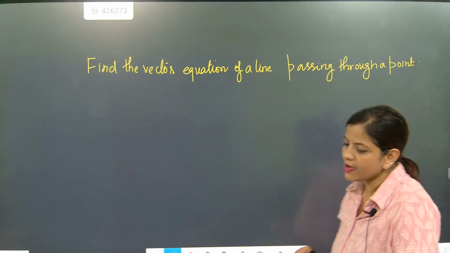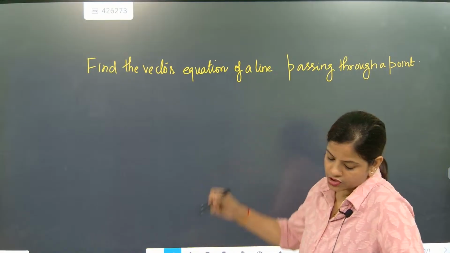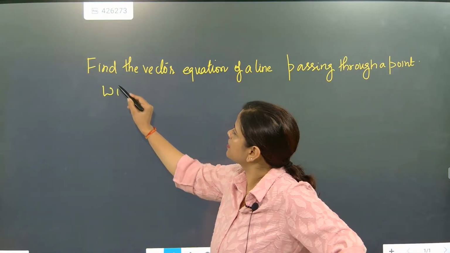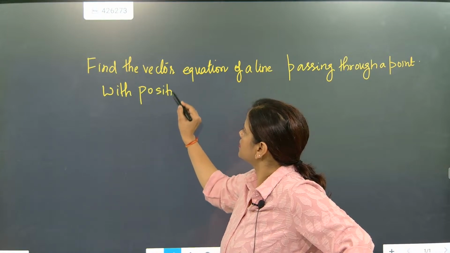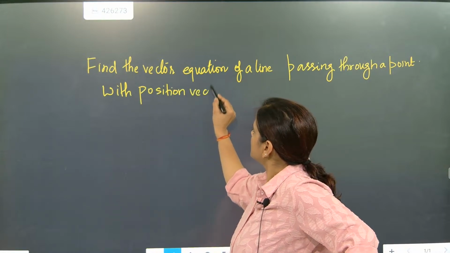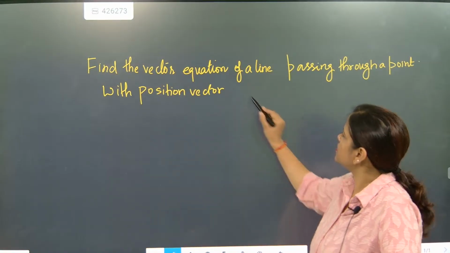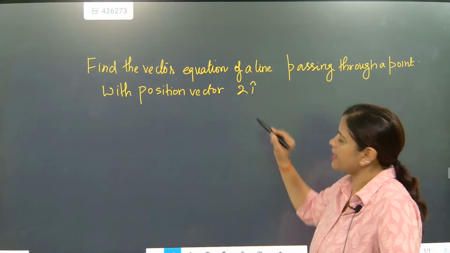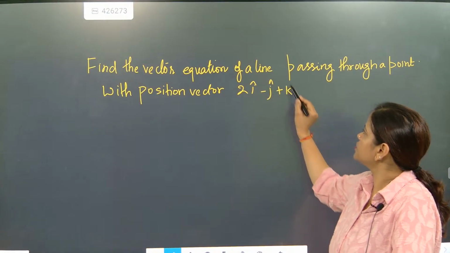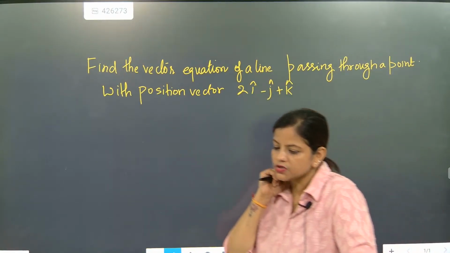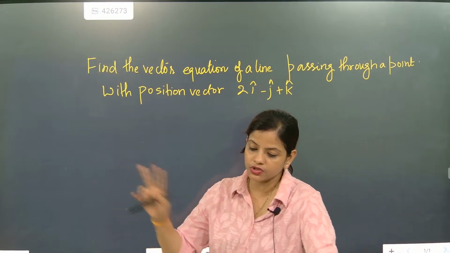So it is passing through exactly one point, okay? Passing through a point with position vector. So what is the position vector given here? The position vector given here is 2i minus j plus k.